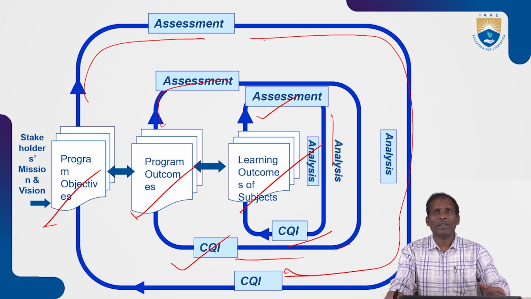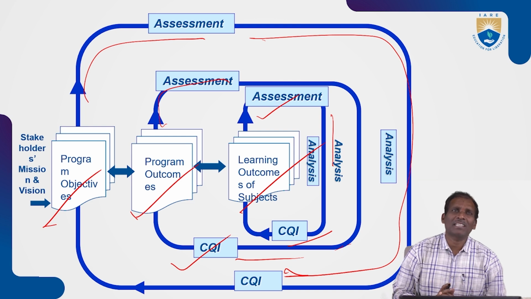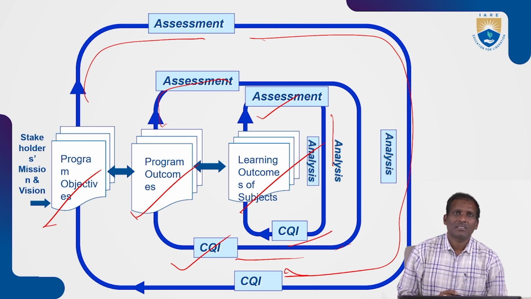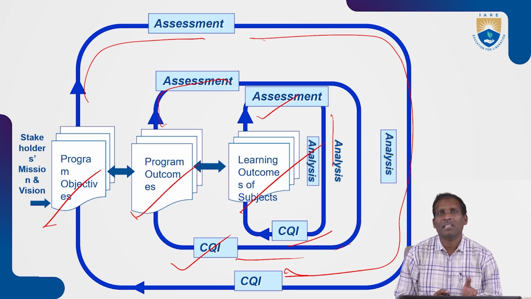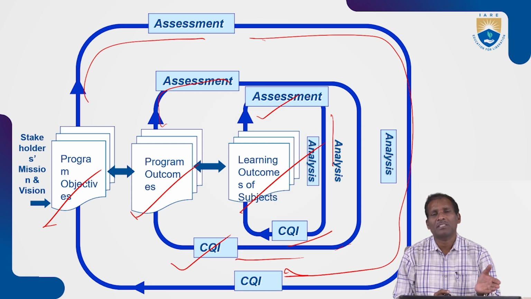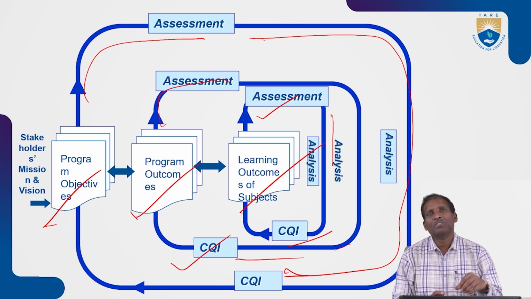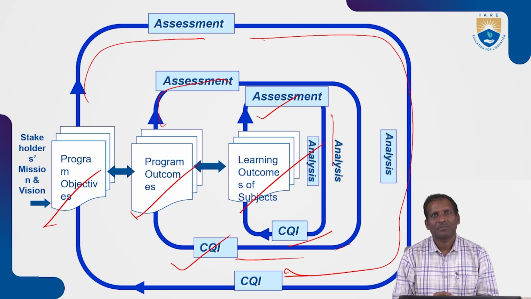Based on this assessment, we do the result analysis. Only then can we say whether those targets are achieved or not. Based on the analysis, we will conduct continuous quality improvement sessions at each and every stage.